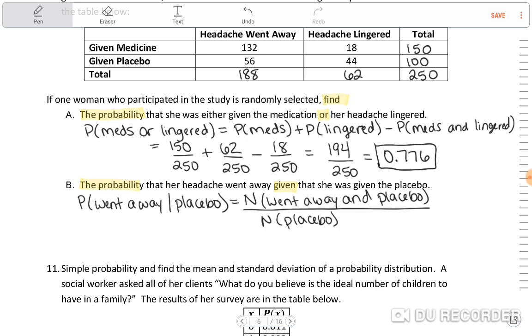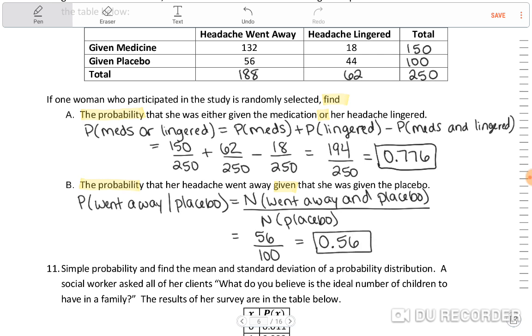Okay, so given that they took a placebo, what's the probability that their headache went away? All right, so the number of people who their headache went away and they had the placebo, we come up here and it looks like headache went away and they had placebo, that's 56. And then the number of people that had a placebo, that was 100. So 56 out of 100 is 0.56.